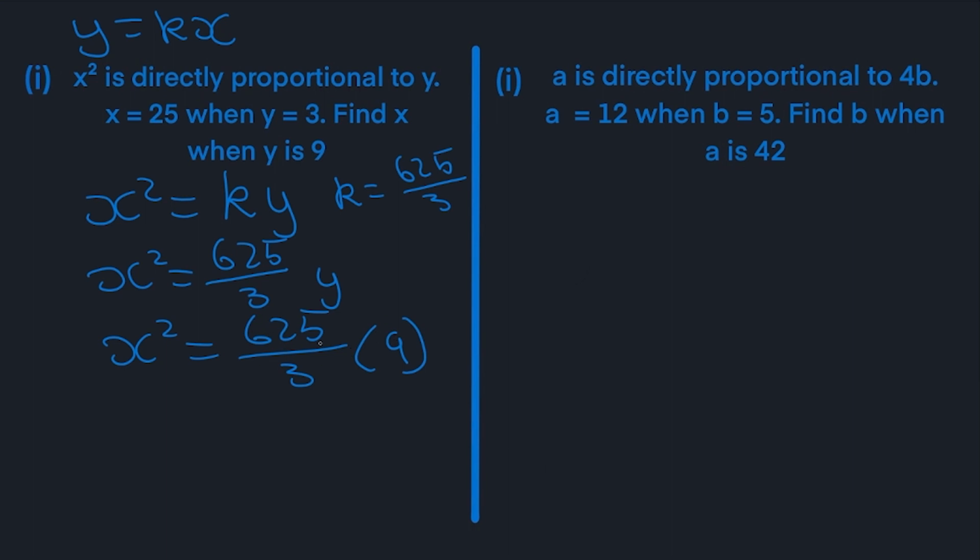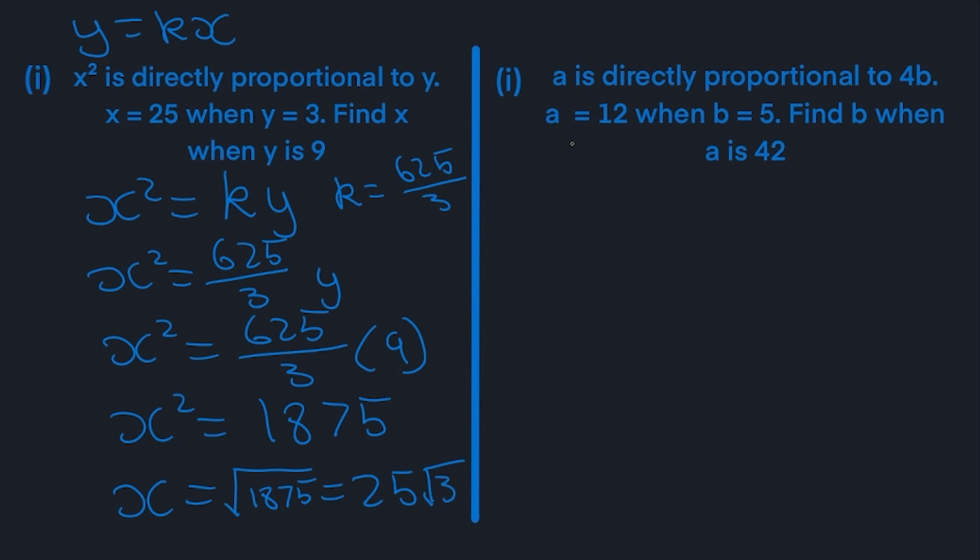If you put that in your calculator, you should get x squared is equal to 1875. To get rid of the square, you'd square root, and you have to square root both sides, so you'd end up getting x is equal to square root 1875, same as 25 root 3.